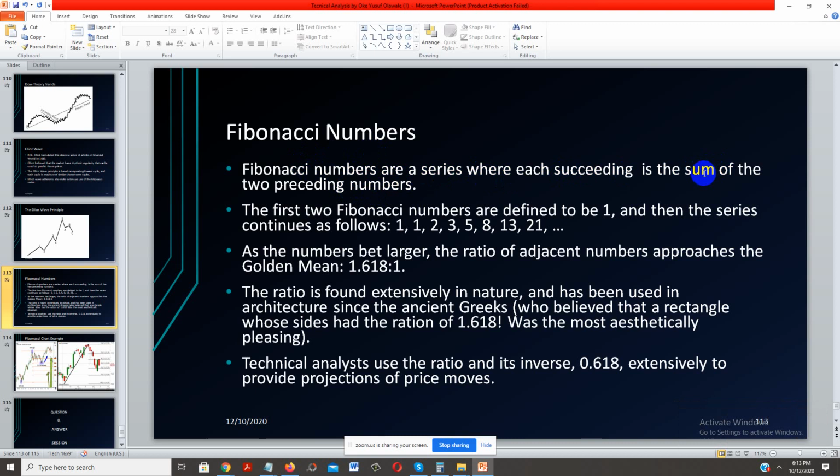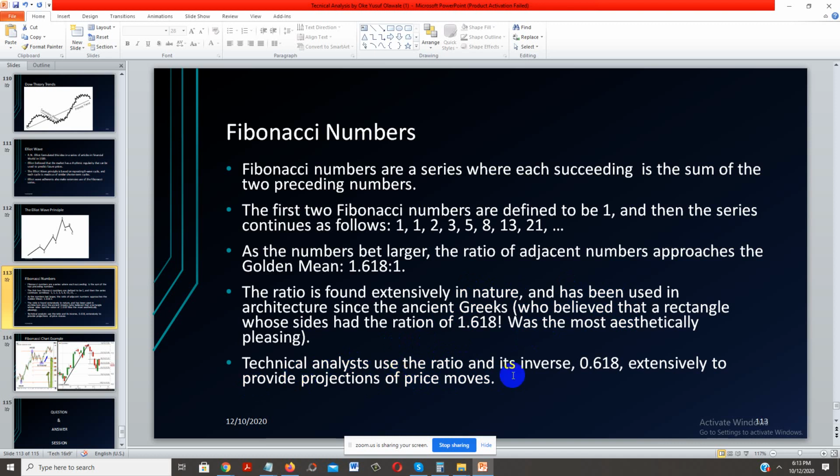So Fibonacci numbers are a series where each succeeding number is the sum of the two preceding numbers. The first two Fibonacci numbers are defined to be 1, and then the series continues as follows: 1, 1, 2, 3, and so on. All these are the mathematical aspects of it. As the numbers get higher, the ratio of adjacent numbers approaches the golden mean. These are also mathematical aspects of it.